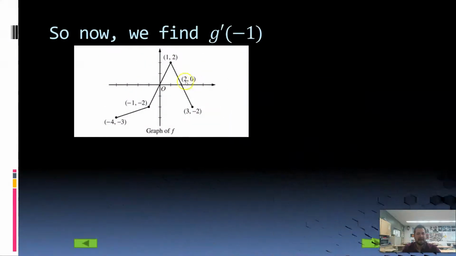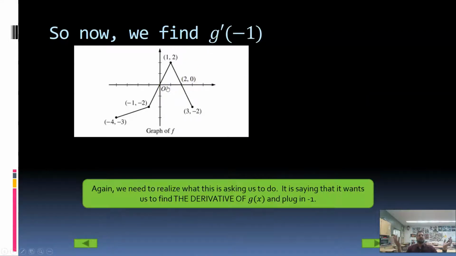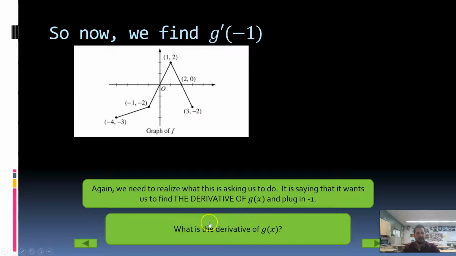The second one wants to know g prime of 1. Now again, what that's asking us to do is, it wants us to take the derivative of g and plug in -1. Well, the derivative of g, we found that already, that is g prime of x is equal to f of x. So this is a graph of the derivative.